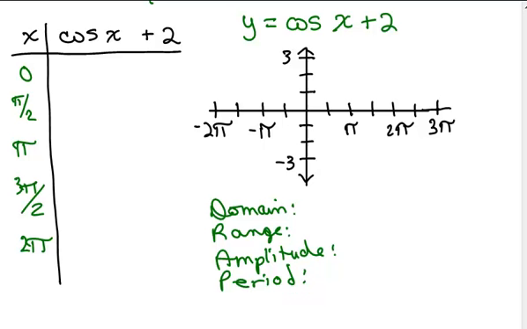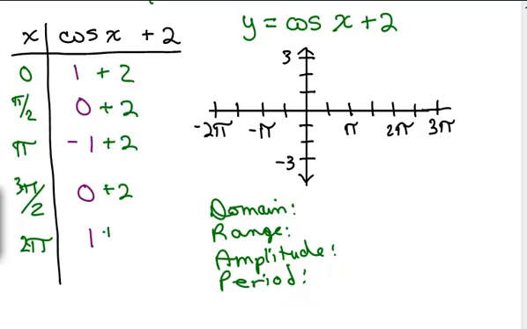Well, if we remember those values for the cosine of x that I just showed you, the cosine of 0 would be 1, then 0, negative 1, 0, 1, right? But what are we doing? We're adding 2 to each of those values. So the y coordinates will be 3, 2, 1, 2, 3.